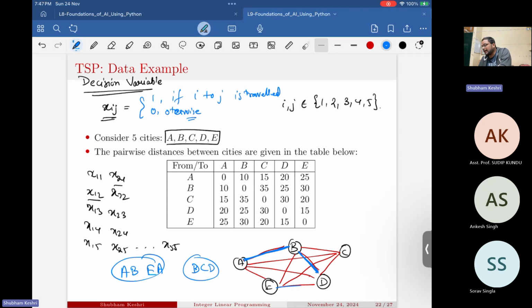So you will have to eliminate subtours. You will have to have one complete tour of the cities. That you have to ensure in the constraints. Using these kinds of decision variables, it may create subtours.